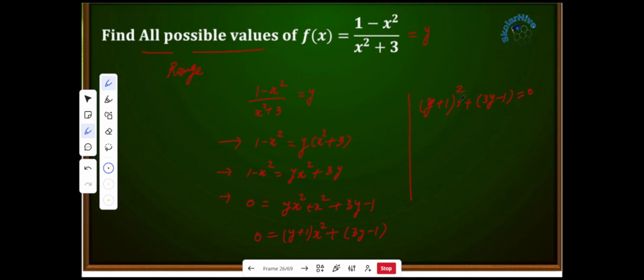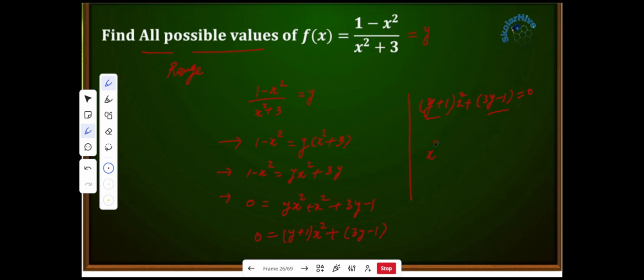Here this is x square. We just want the values of this expression f(x). Only one variable is containing x, so we'll try to get the value of x square from this equation.